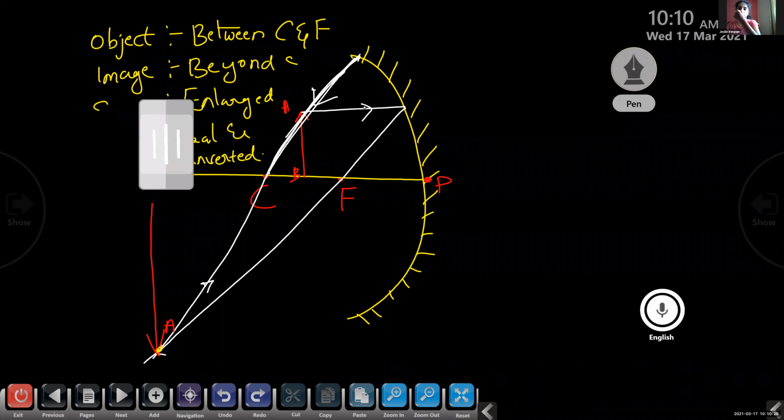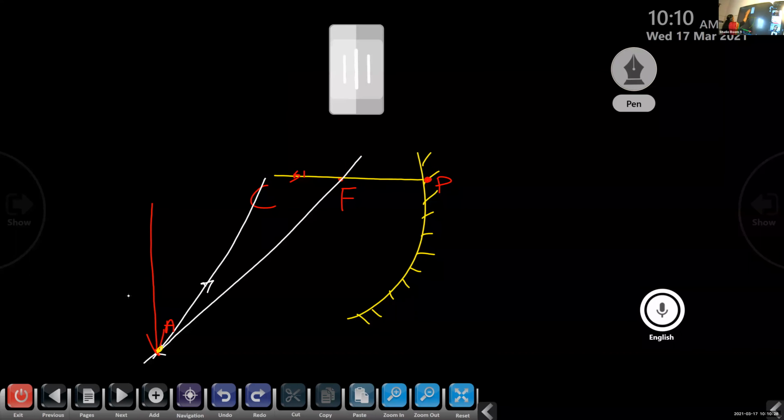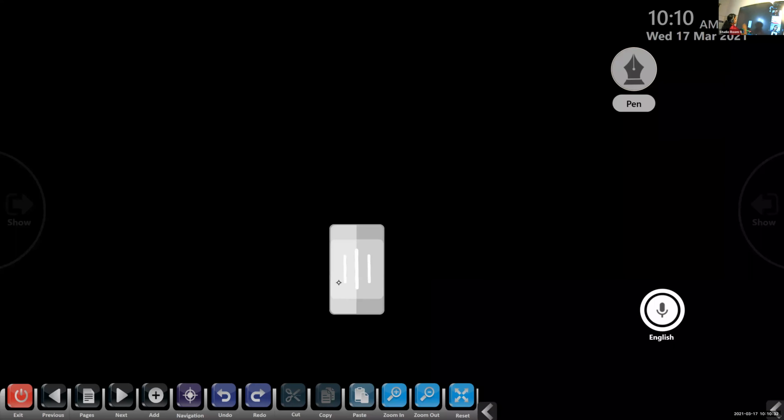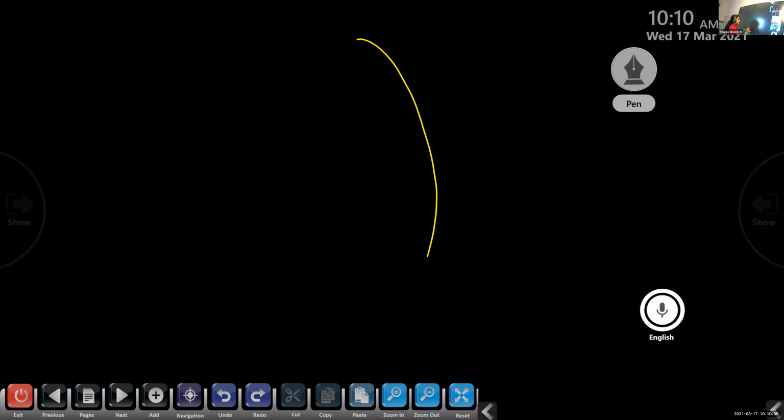Nice. Okay, once again, I will draw the ray diagram of this case. In order to explain this, we consider the concave mirror.